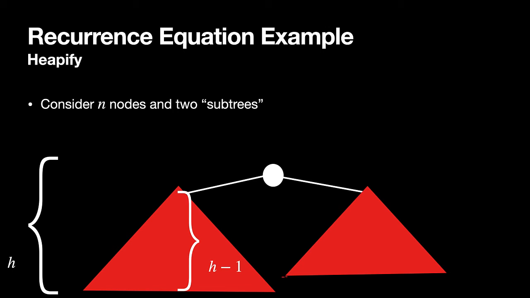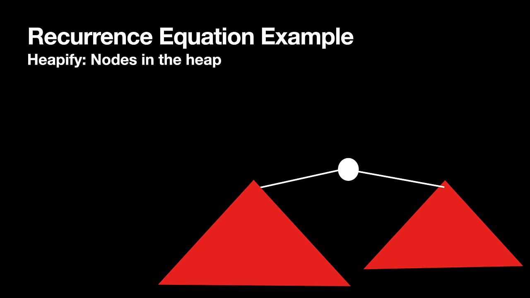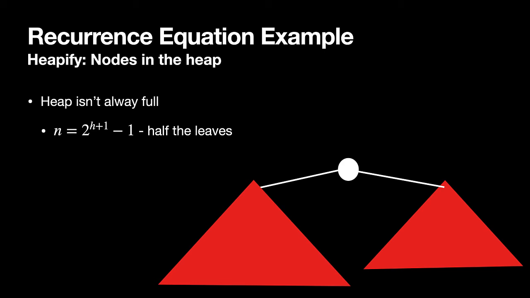Oh, and by the way, keep in mind that we're looking at this example partly because this fulfills the shape property requirements of our heap. Remember that the heap fills up from left to right and top to bottom. Okay, so our heap isn't always full. So let's imagine that we have a full heap, and then we'll get rid of those leaves that we lose when it's not completely full.